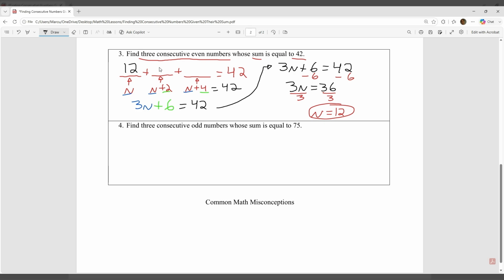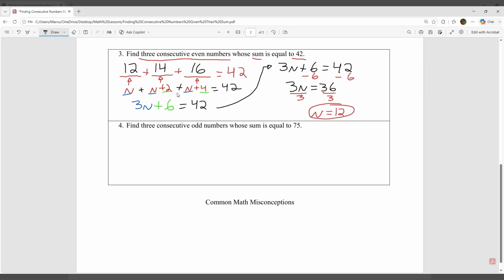So after 12, we're going to have 14. And after 14, we have 16. Or I can just plug it into the formula here as well. So n is 12, so n plus 2 must be 14 because you're adding 2 to the n. So your numbers are 12, 14, 16.